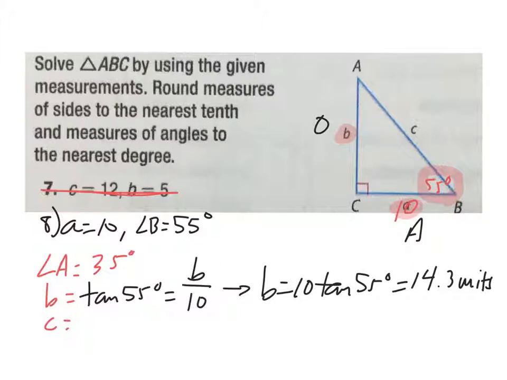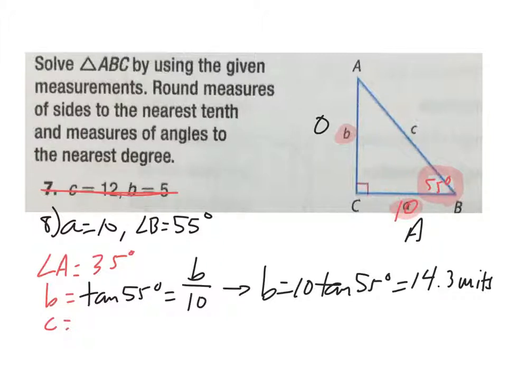Now, for side C, I have options. I have 2 legs, so I could use the Pythagorean theorem to find side C. I could use cosine, adjacent over hypotenuse.